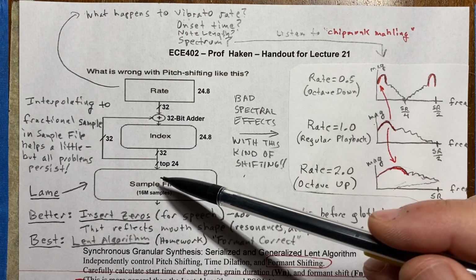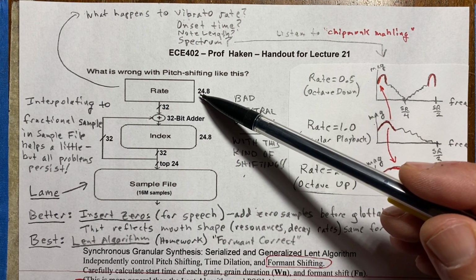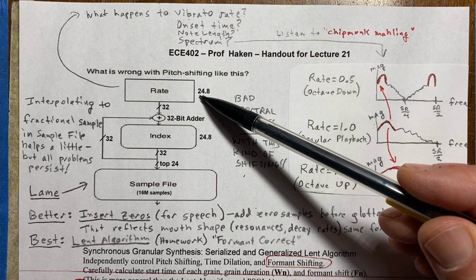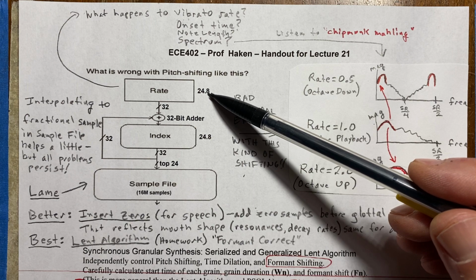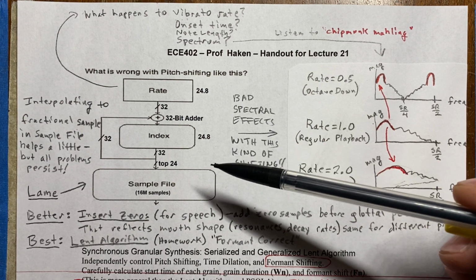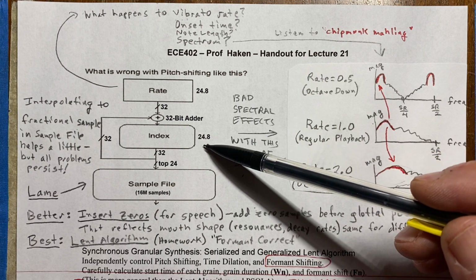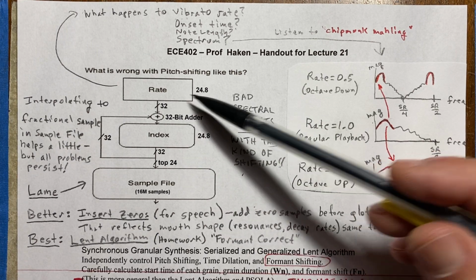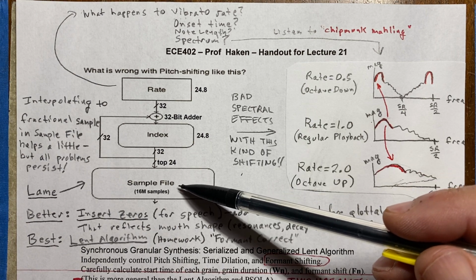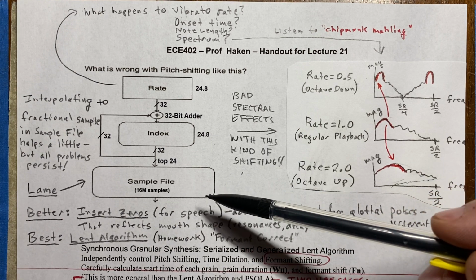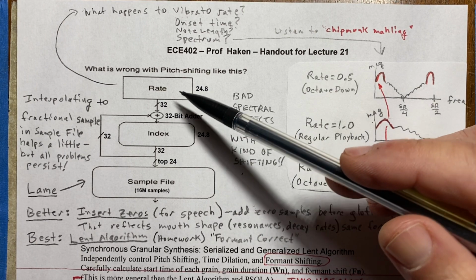So if you step through this file at a slower rate, if your increment is less than 1.0, or in this case here in hex, it would be all zeros, and then a 1, and then 2 0 hex digits, if we have the binary point there, 8 binary places behind the binary point. So if you have 1.0 here in this fixed point notation, then you get the original samples file back, and that's fine. Now let's say you have 2.0.